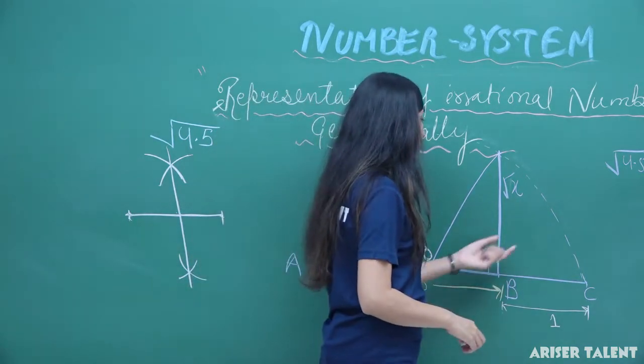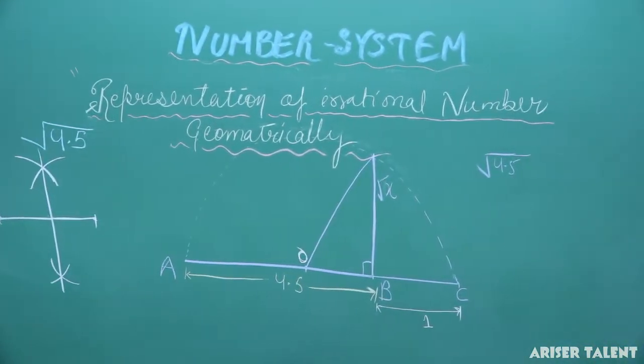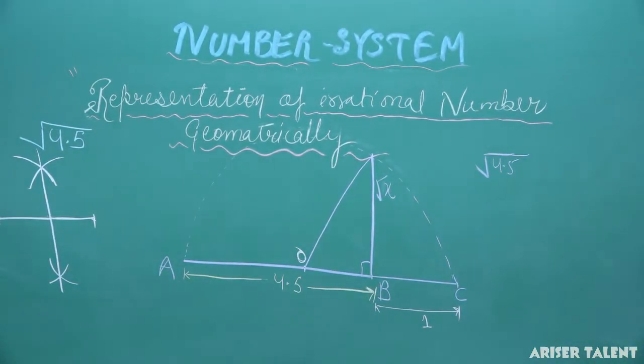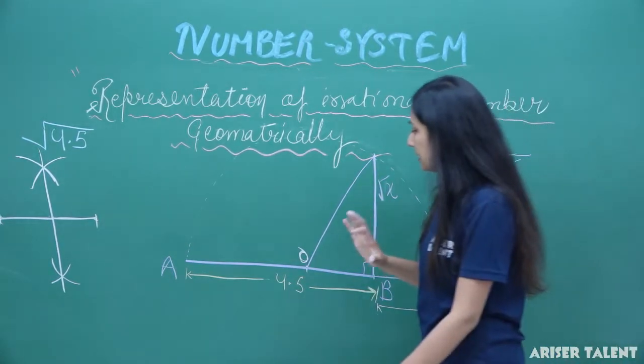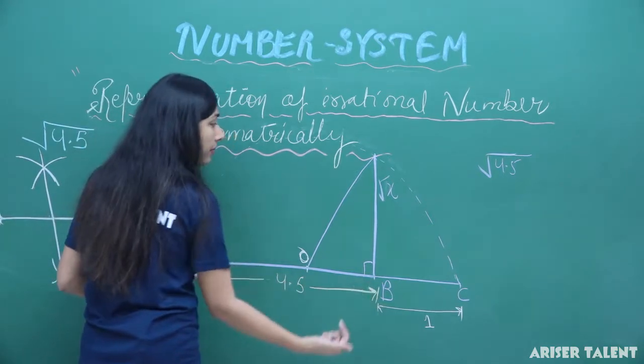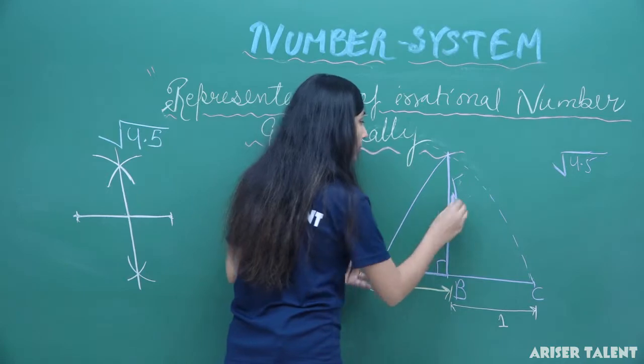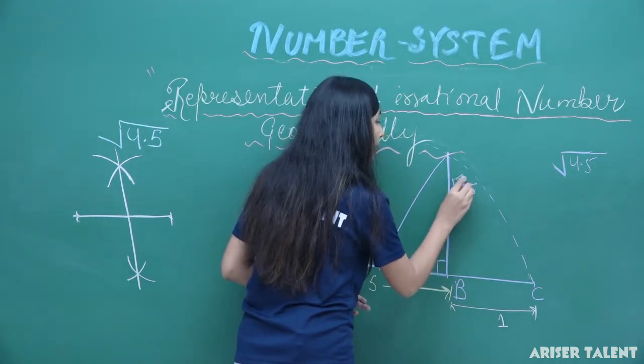In this case that will be root 4.5. So in sum total you have created a line equal to AB. Now just do not write root x here, put root 4.5 in this case.